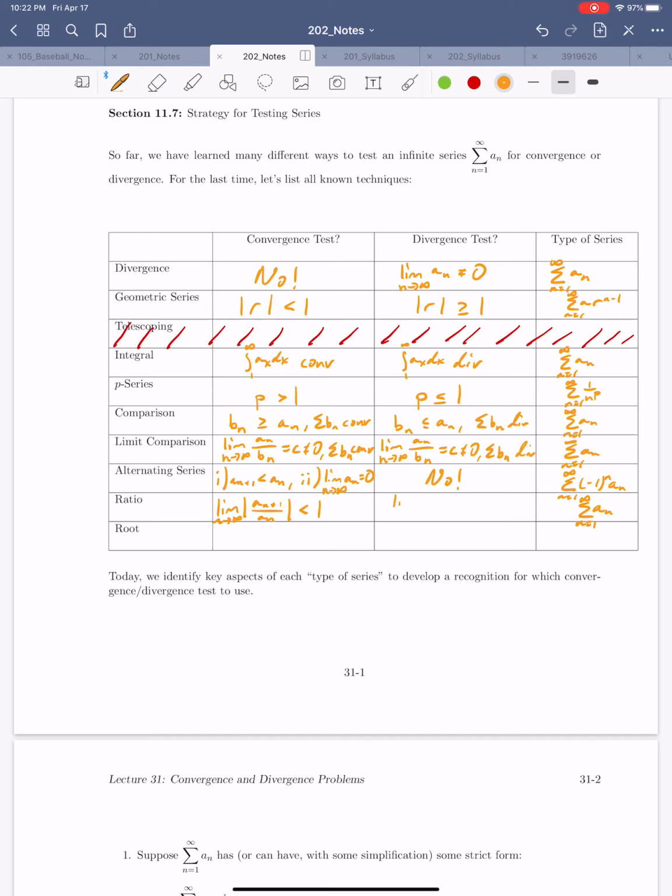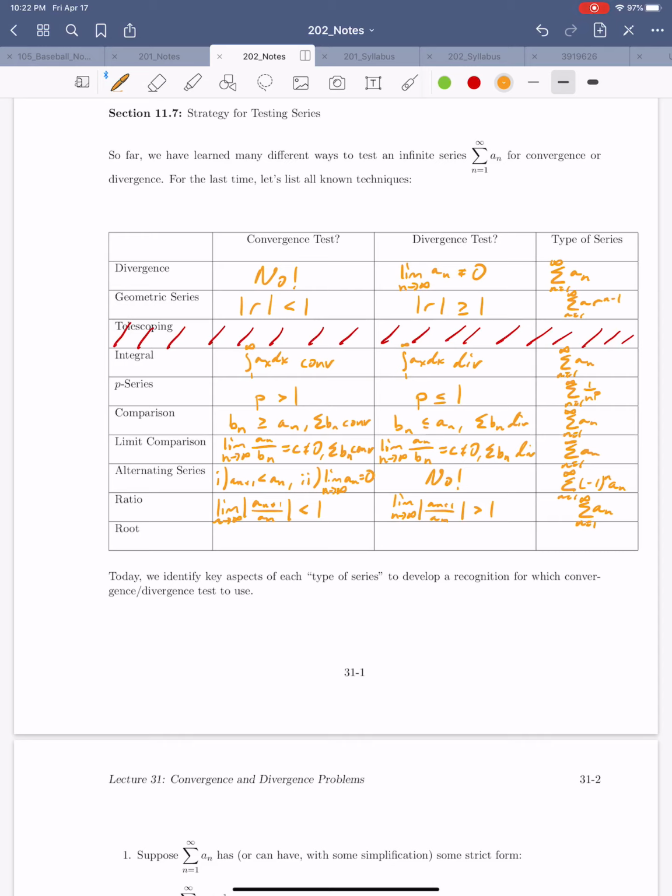Diverges if the opposite happens, right? Limit as n approaches infinity, absolute value of a_{n+1} over a_n is greater than 1. Remember, if the limit equals 1, then we don't know. We shouldn't use the ratio test. It might converge, it might not. We need to use another test.